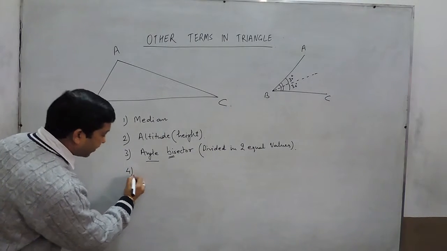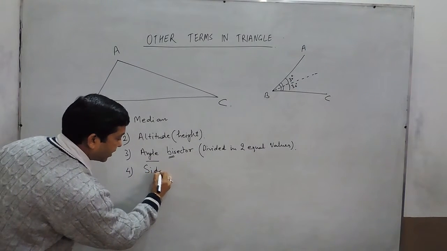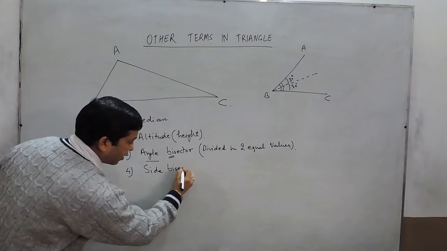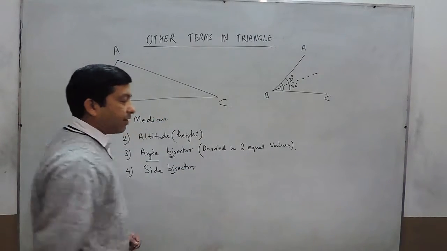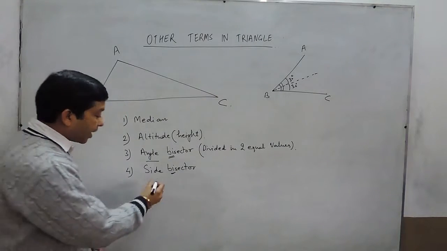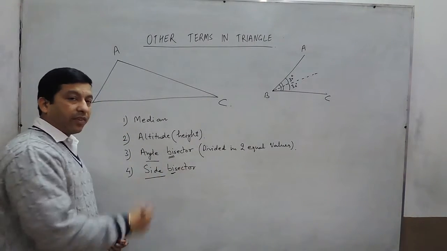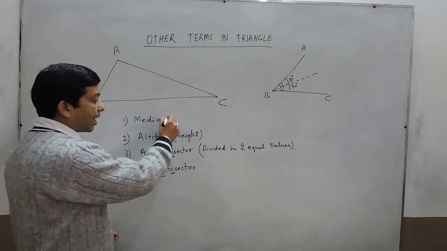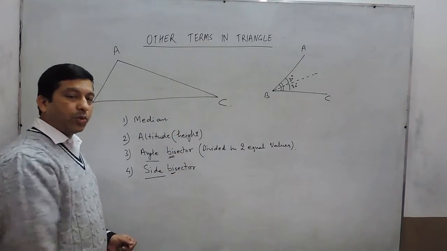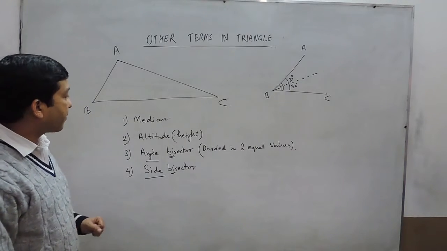The fourth term is side bisector. Again, bisector means divided into two equal values, but here instead of an angle we divide the side into two equal values. So these are the basic four terms which we use in our triangle.